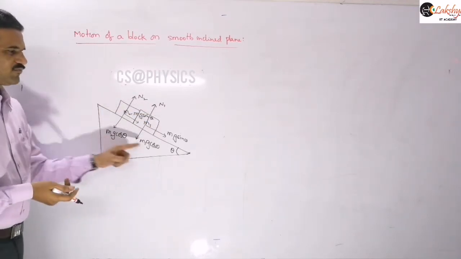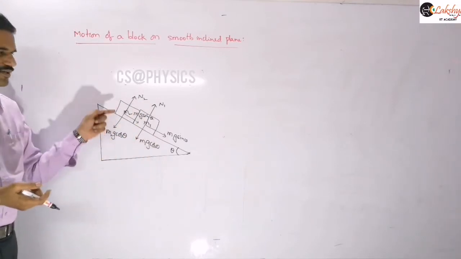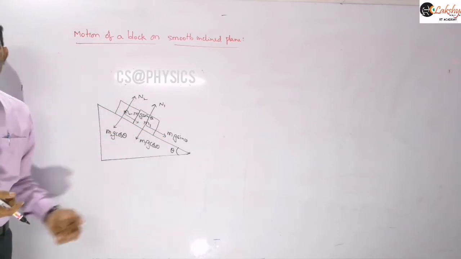If you are taking both the blocks together as a system, the net accelerating force is the weight components of these two blocks, m1 plus m2 into g sin theta.